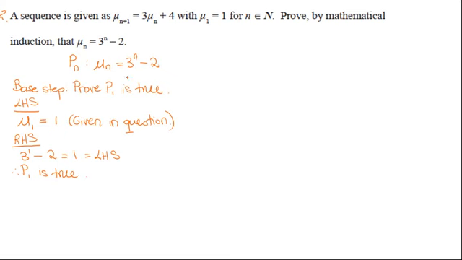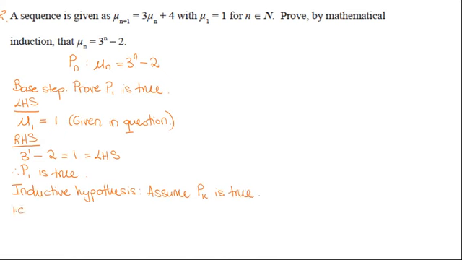Now we're going to do our inductive hypothesis, which is about assuming that your statement is true when n equals k. So no longer the smallest value of n, just an arbitrary value for n. So we're assuming that Pk is true. And we're going to write it down mathematically.